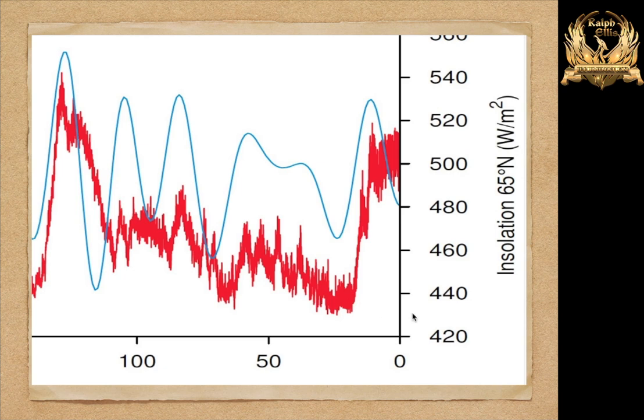Here is a graph of insolation, we call it. So on the right-hand side, insolation. That's the strength of the sunlight coming from the sun, hitting the ground at 65 degrees north, so just a little bit further north than Stonehenge and Avebury.